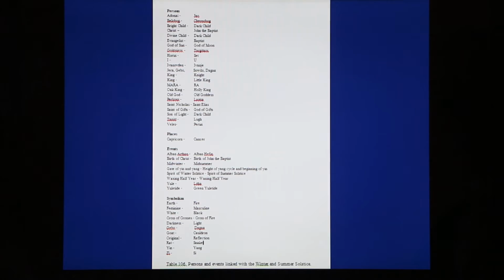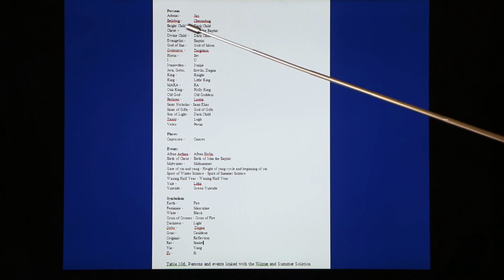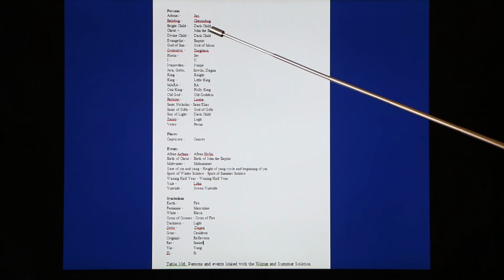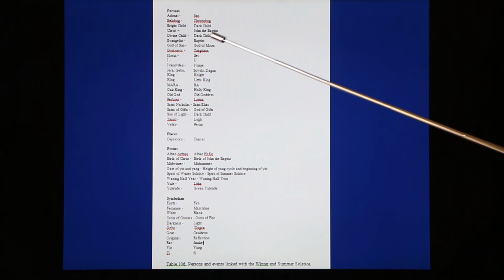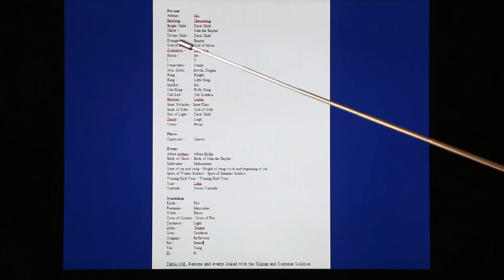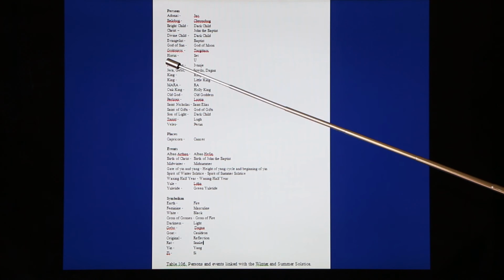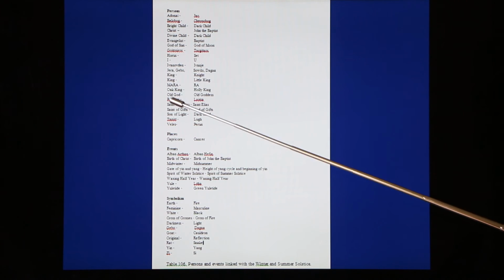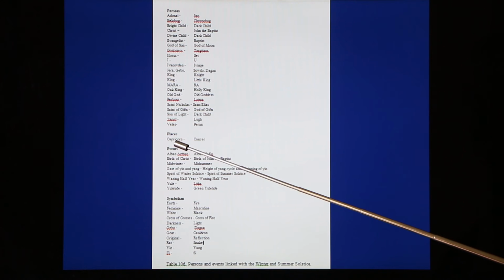Well, just for fun, I thought it'd be fun to show you how this contrast can be found at the level of persons, places, events, and symbolism. So Adonai Yao, Belobog, Chernobog, bright child, dark child, Christ, John the Baptist, evangelist John the Baptist, God of the sun, God of the moon, Horus Set, I, you, King, little king.